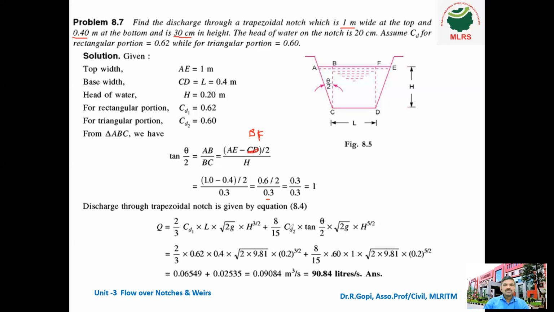Apply tan theta by 2 equal to 1 in this equation. Except for tan theta by 2, all the values are known, so substitute all the values. 2 by 3 into CD1, which is 0.62, into L, which is 0.4, that is, the bottom of the crest, into root 2 into 9.81, where g is 9.81, into H to the power 3 by 2, where H is 0.2.